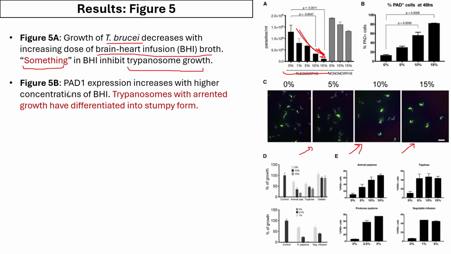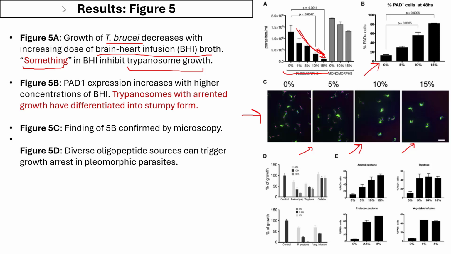So what was in the broth that is making the long slender form differentiate into the short stumpy form? The presence of PAD1 protein is confirmed by microscopy and by performing a Western blot.